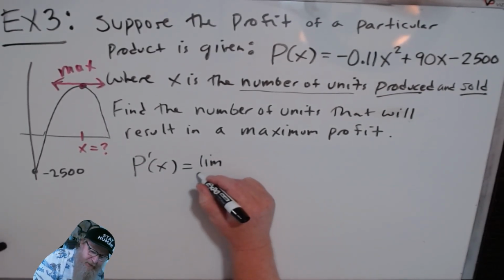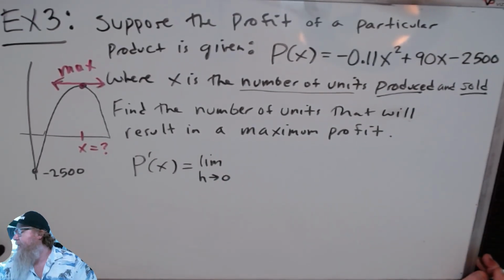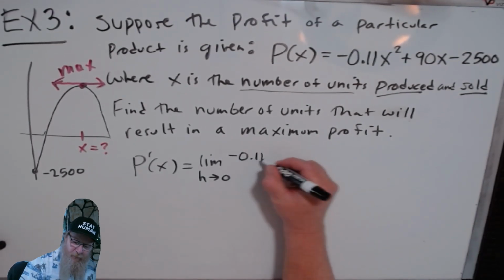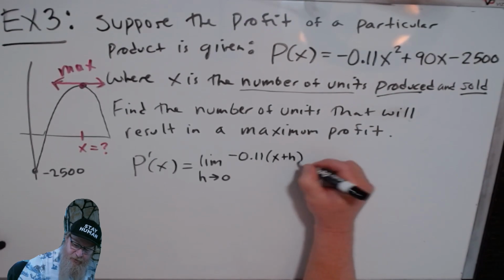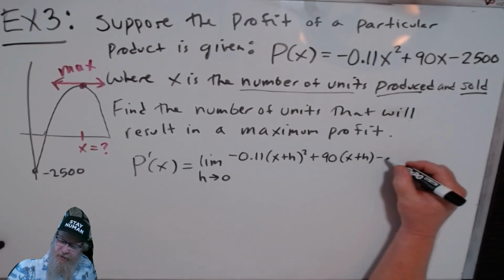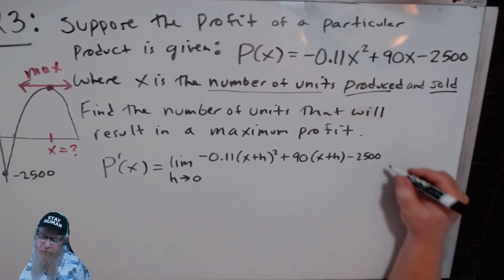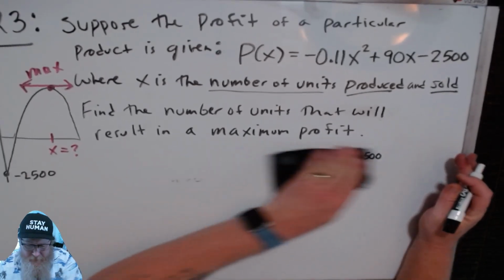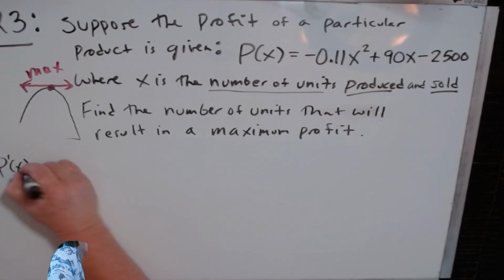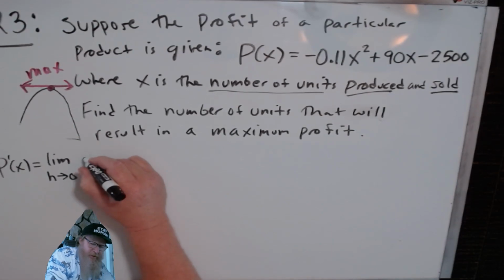P prime of X is the limit as h goes to 0 of negative 0.11 times (x plus h) squared plus 90 times (x plus h) minus 2,500. This is going to be tough. I'm going to need more space. Just scooting over to make some more room here.